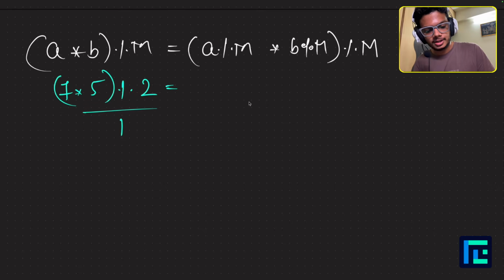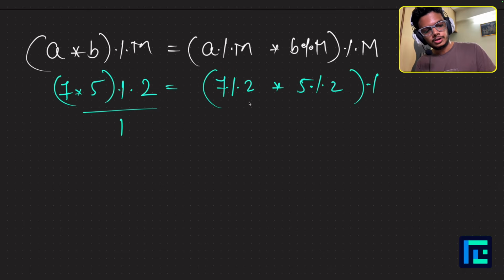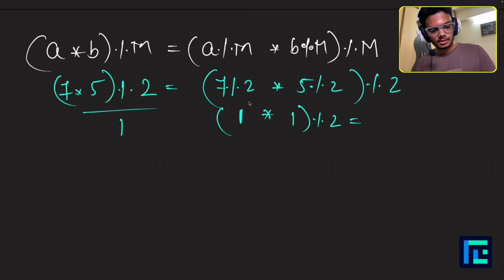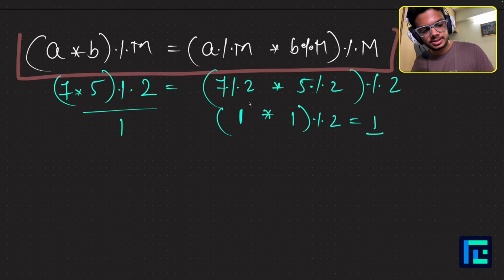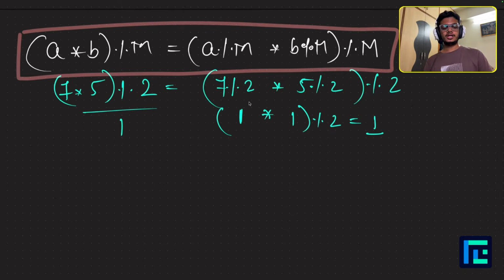But you can also write it as 7 mod 2 into 5 mod 2, whole mod 2. 7 mod 2 is 1, and 5 mod 2 is also 1, and 1 into 1 mod 2 gives you 1 again. You can verify this by putting in some numbers, but this is a fundamental property of modulus: a into b mod m can be written as a mod m into b mod m, whole mod m.